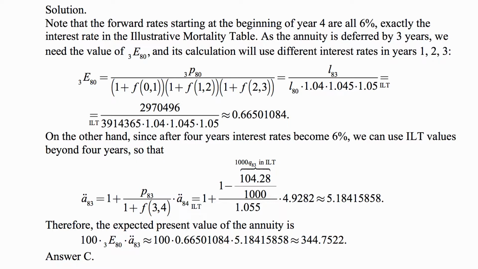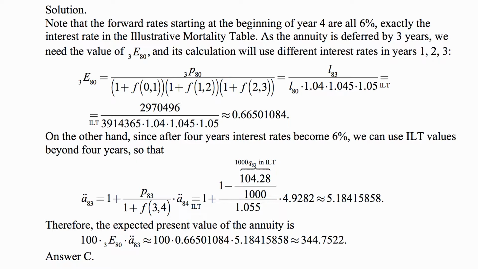Well, it's equal to the probability of survival of 3 years, so 3P80 divided by 1 plus the forward rate from time 0 to time 1, times 1 plus the forward rate from time 1 to time 2, times 1 plus the forward rate from time 2 to time 3.